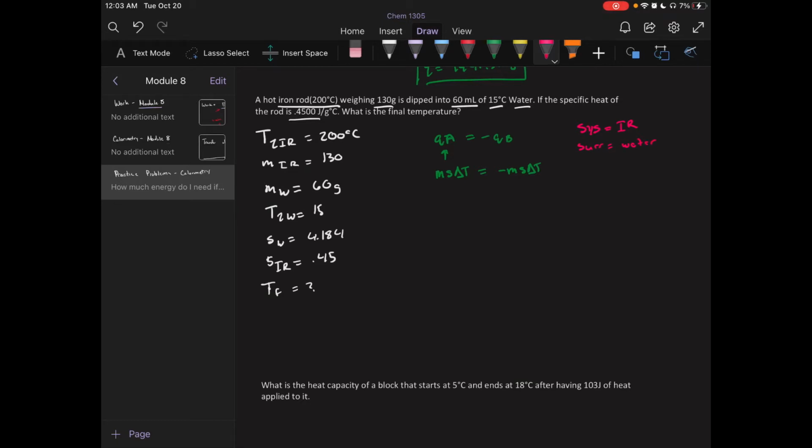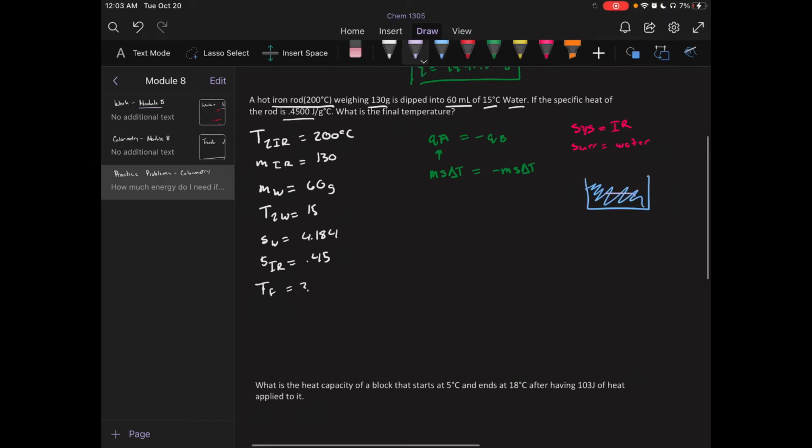To visualize that, here's the water, and here's the iron rod. This way you can easily see which one's the system and which one's the surroundings. The water is the surroundings because it is literally surrounding our iron rod.